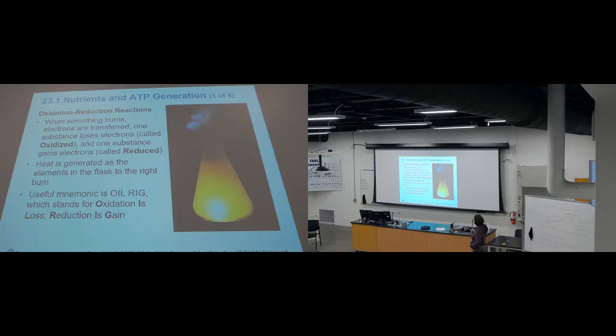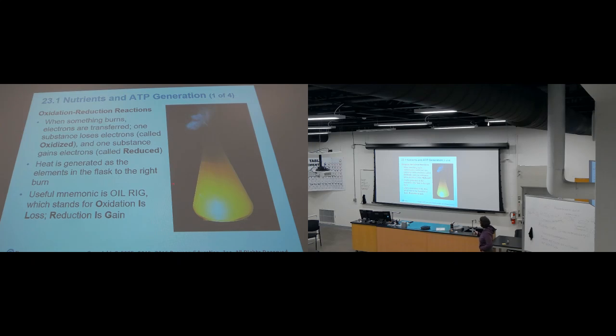One will be donating the electrons, and the other one will accept the electrons. The one that donates the electrons will be the molecule that gets oxidized, and the one that gets the electrons will be reduced. In the case of NADH, nicotinamide adenine dinucleotide with hydrogens, it was in a reduced form when it was NADH; when it donates its electrons, it will become NAD. In that case, it will be oxidized.